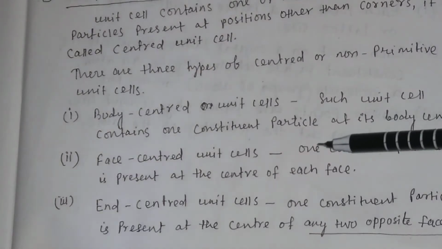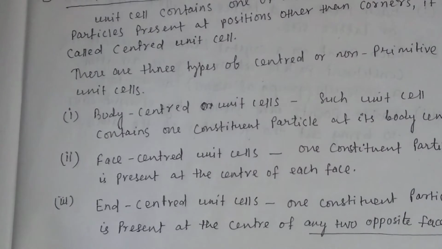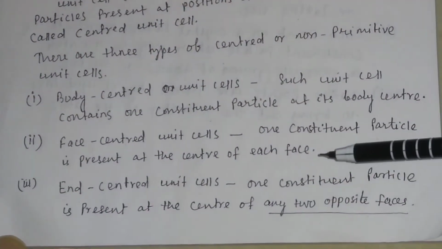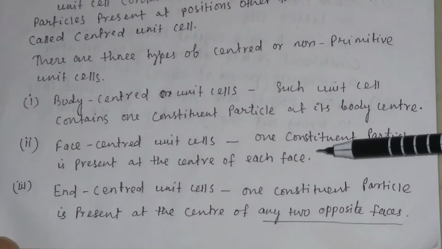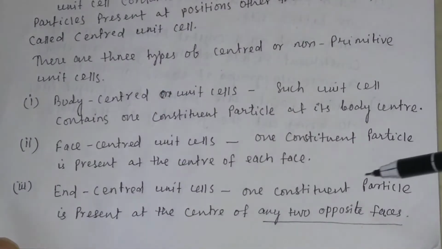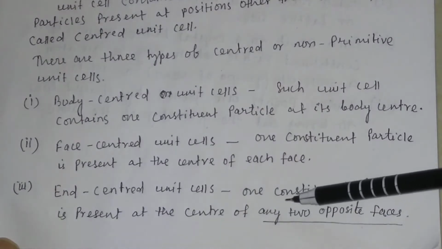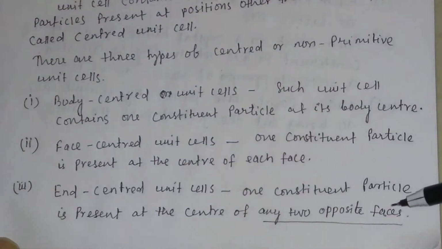In a face centered unit cell, one constituent particle is present at the center of each face. And in an end centered unit cell, one constituent particle is present at the center of any 2 opposite faces.